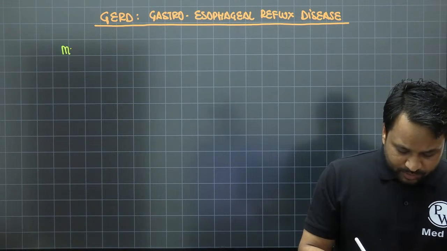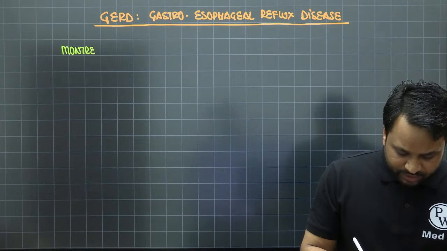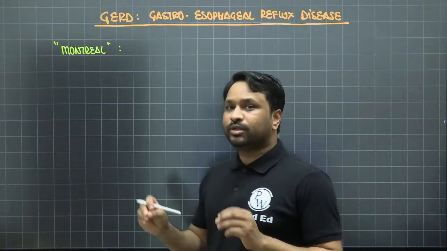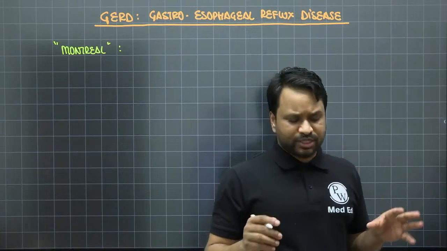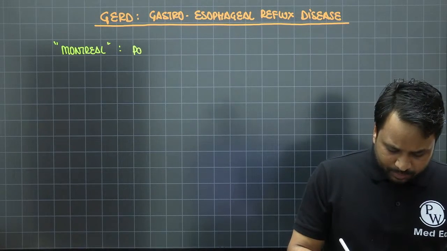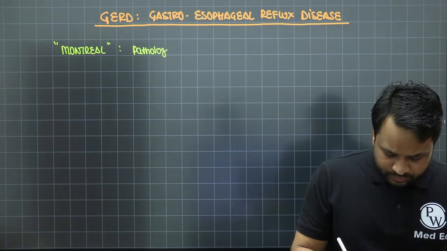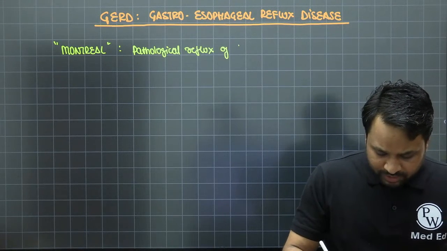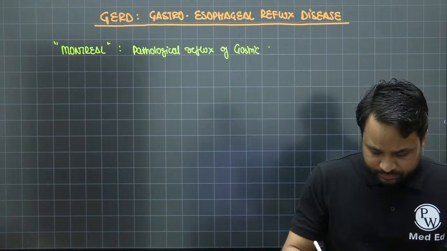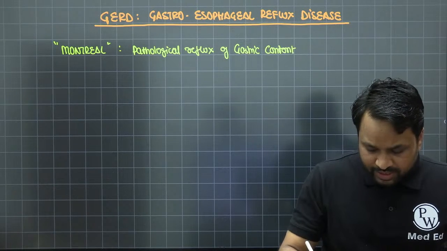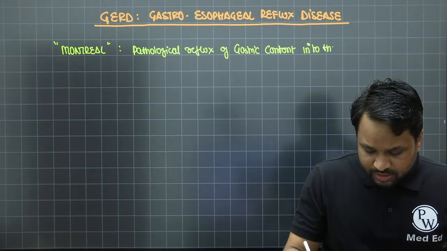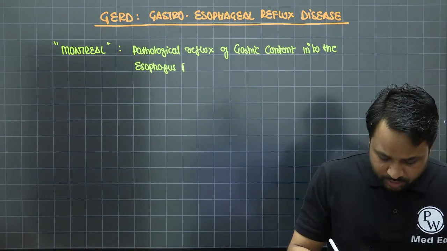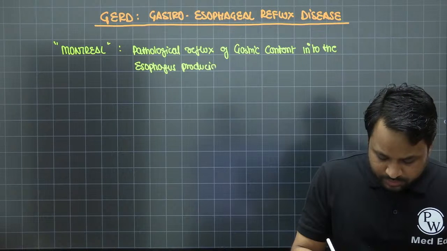There is a definition given by the Montreal definition, or called the Montreal classical definition of GERD. According to the Montreal definition, it is defined as pathological reflux of the gastric content into the esophagus, producing symptoms.